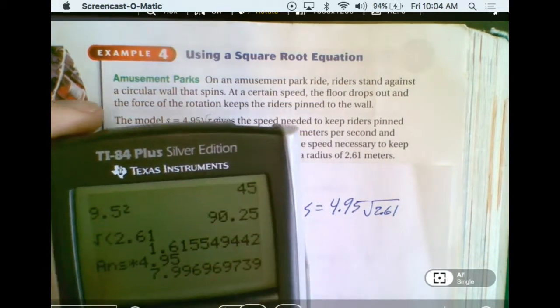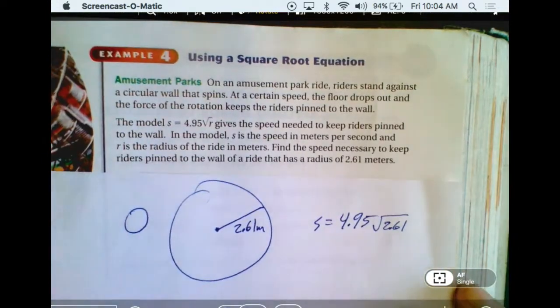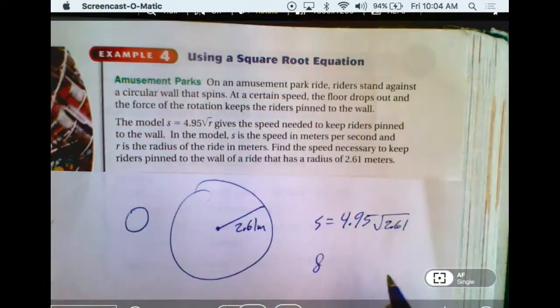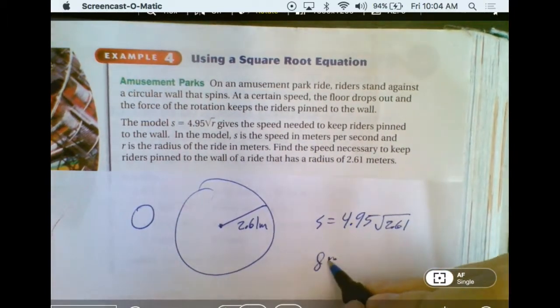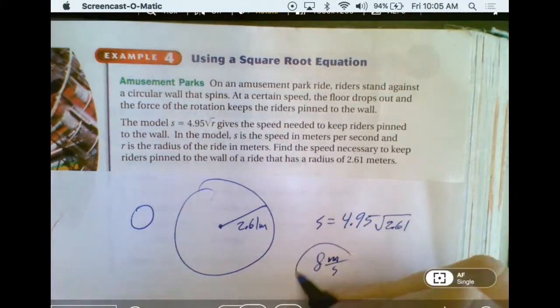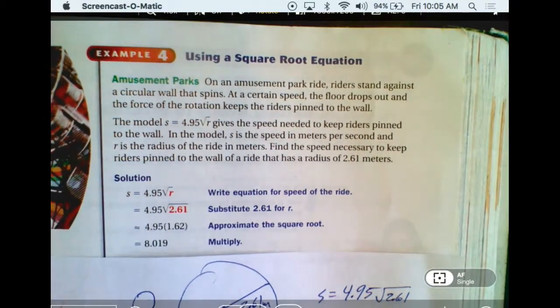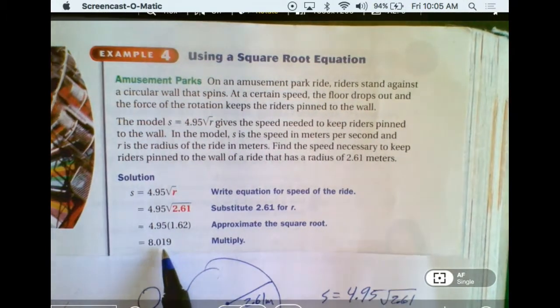My answer is 7.9969. I'm going to round that up to 8. So my speed is 8, and it was measured in meters per second. 8 meters per second is the speed it would take. And let's see if I got it.